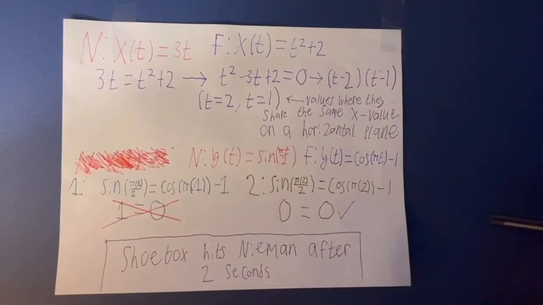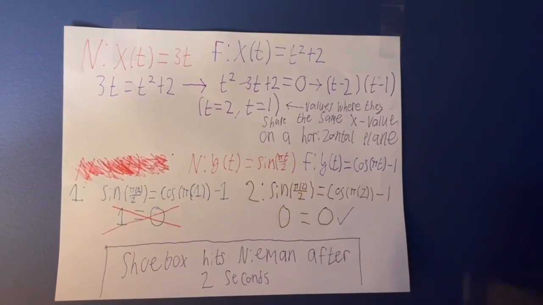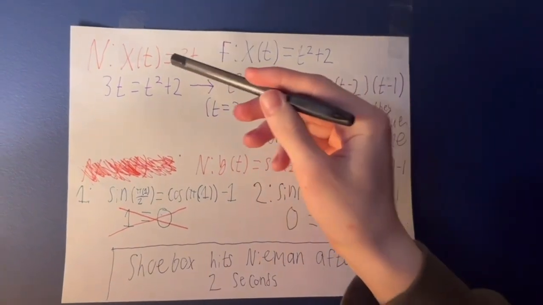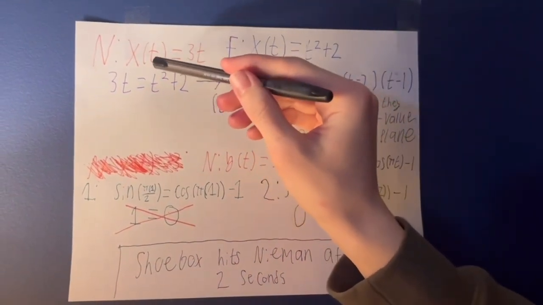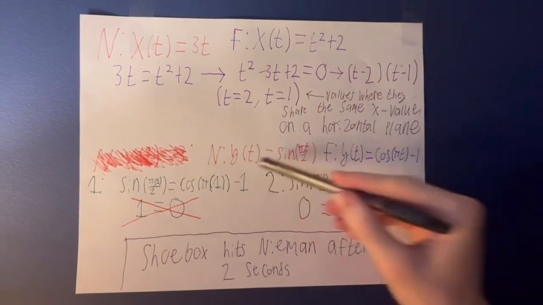In order to find when the shoebox would hit Neiman, you want to look at both x functions as a set of equations, and do the same for the y value.